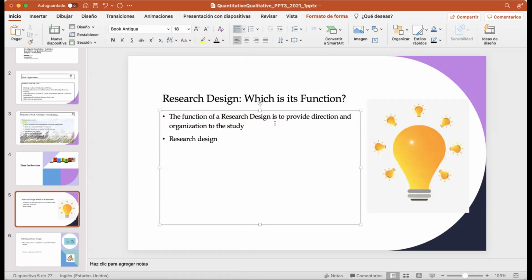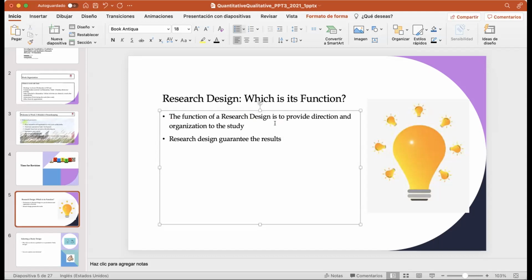Teacher, maybe guarantee the possible result of the investigation. Yes, so it's related to the guarantee that the results are truthful, are the correct results after following the steps of the study.